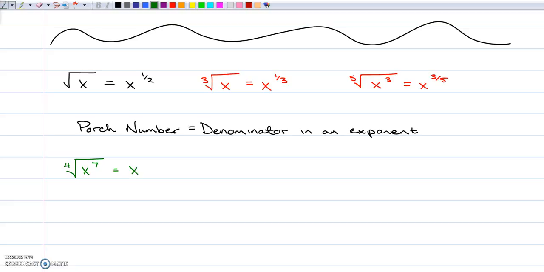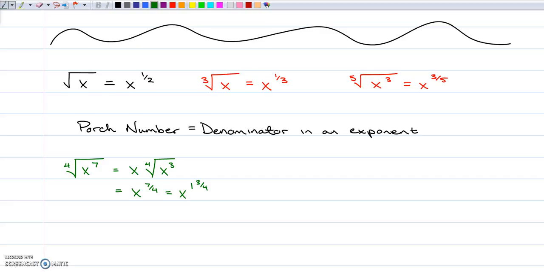Okay? Not doubting it. You guys should feel comfortable about that. No doubt about it. In my mind, I know this is true. But also what I want you to understand is that this is x to the 7/4. And something about these fractions makes me think about mixed numbers. That would be x to the 1 3/4.